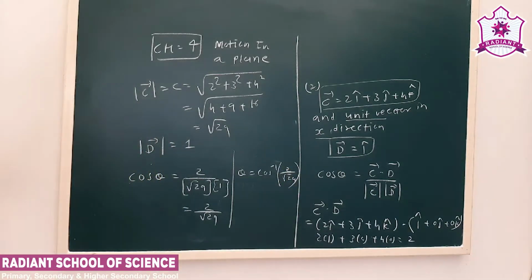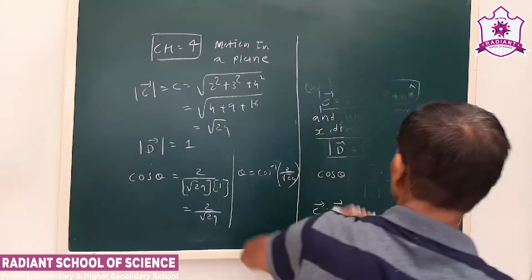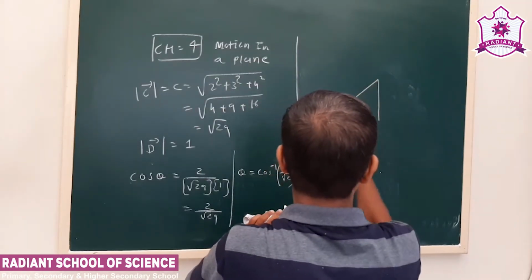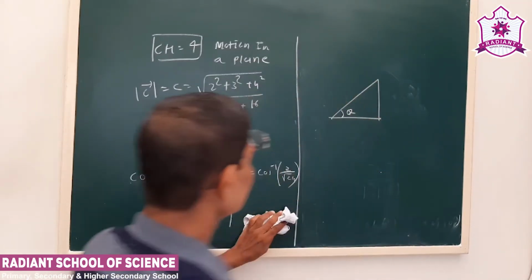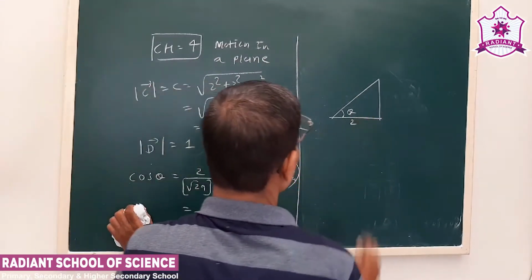Now, theta can be given in the form of sine or tan also. In that case, how to proceed? Let us see. Use the property of a right angle triangle. Cos theta is given as 2 upon root 29.